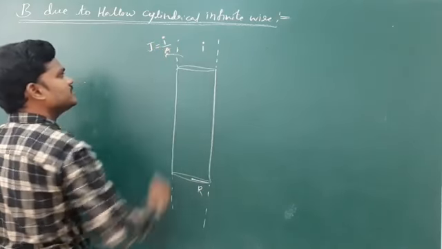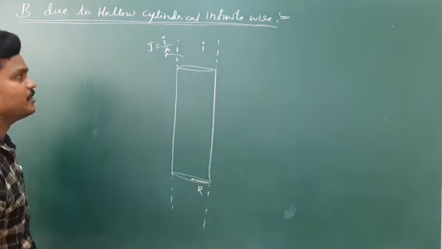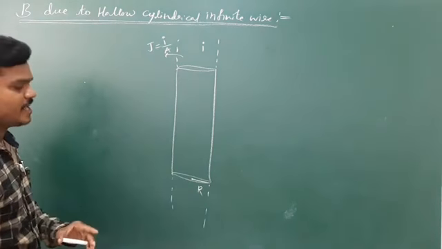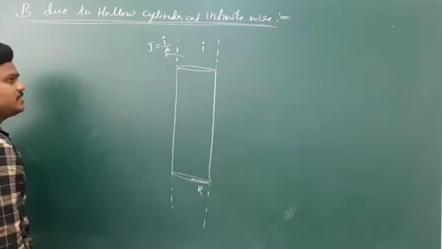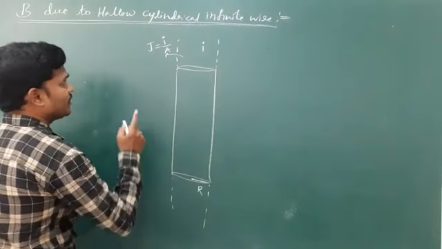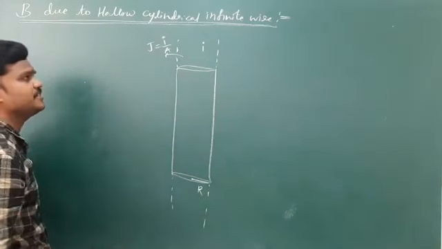You know current density is nothing but current per unit area, I by A. And our target is to find the field due to this wire.